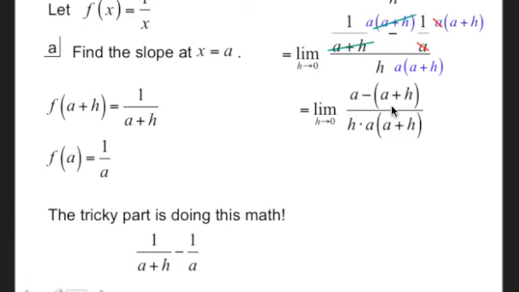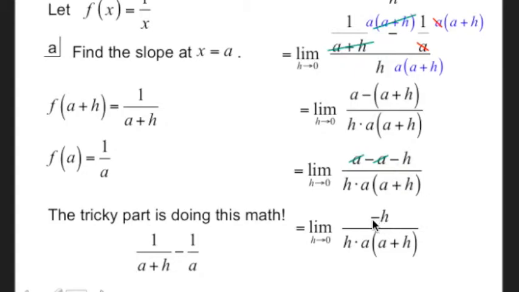When we simplify this, we distribute the negative sign. Then we notice that we have a minus a, which is 0, so we cancel out those a's. We can simplify this a little further to minus h over h times a times the quantity a plus h. Now we can cancel the h's.